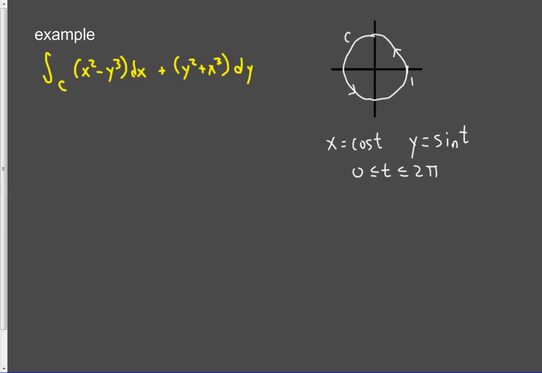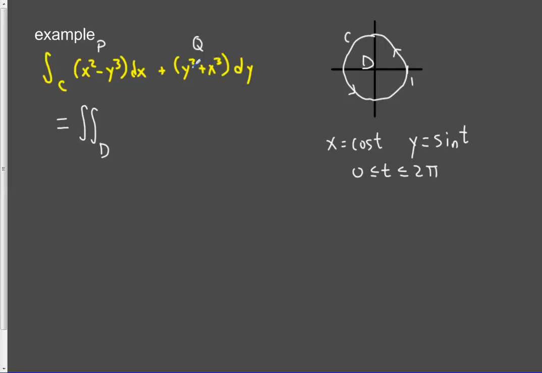So to do Green's theorem, our D is the interior. And by the way, this is positively oriented, right? We're going around counterclockwise. If we go around, the inside is on our left. All right, so we can turn this into a double integral of, now this is our P and this is our Q. And Green's theorem says it's dQ/dx, so the derivative of this guy with respect to x.